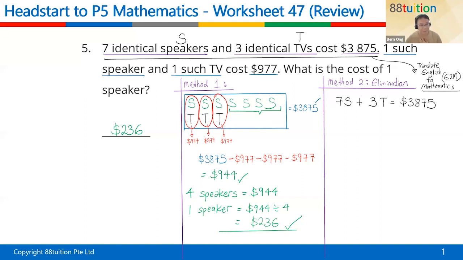Secondary school students are also using this E to M that I've been teaching. And the second clue is what? One speaker, 1S, plus one TV, 1T, is equal to 977. So I'm just basically listing out the 2 clues. Can you see this? Okay.